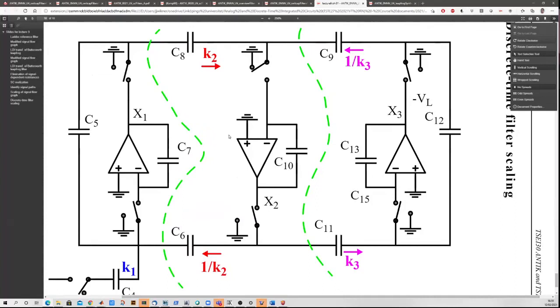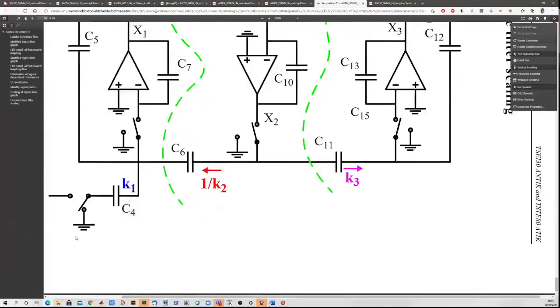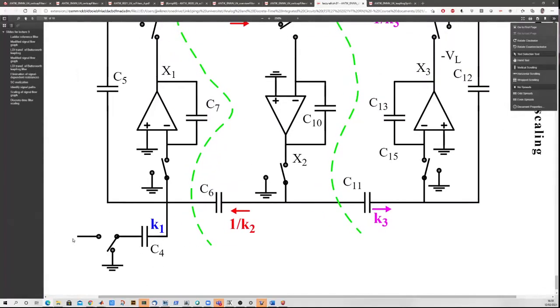Why do you need to scale your filter? Well, that's because once you insert your operational amplifiers into your design, you are sensitive to the voltage swing. First of all, you have a 1 volt or 1.2 volt supply, and a certain input level coming in on the input signal down here to the left.